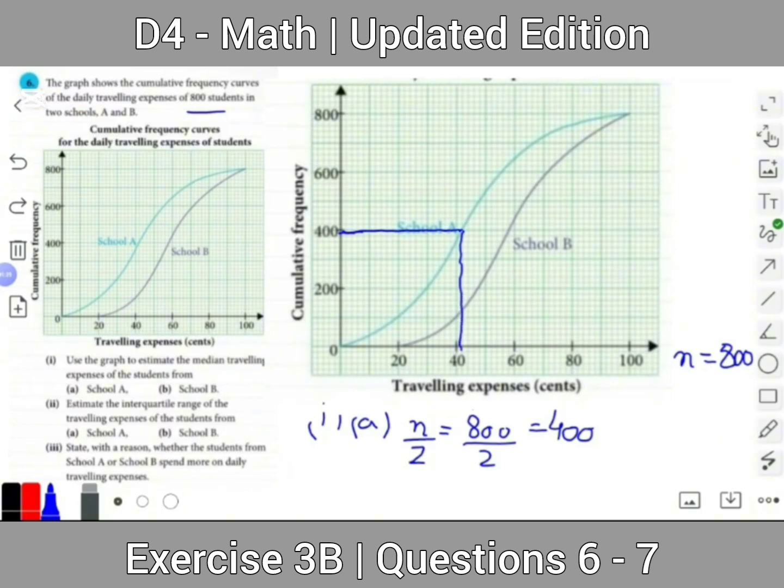Since we know that each square unit along the x-axis is equal to 2, after 40 we have 42. So from the graph, the median daily traveling expense is equal to 42 cents.